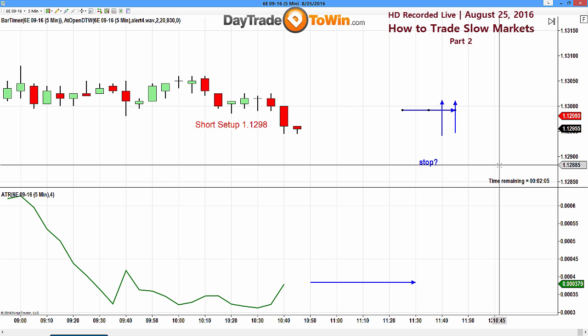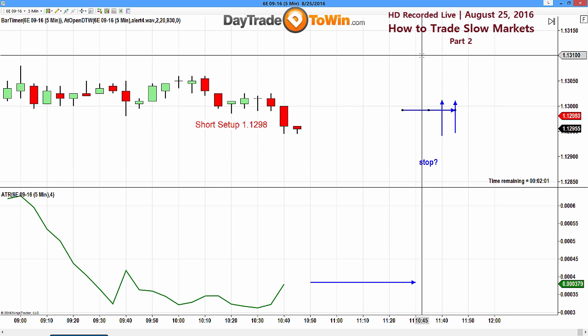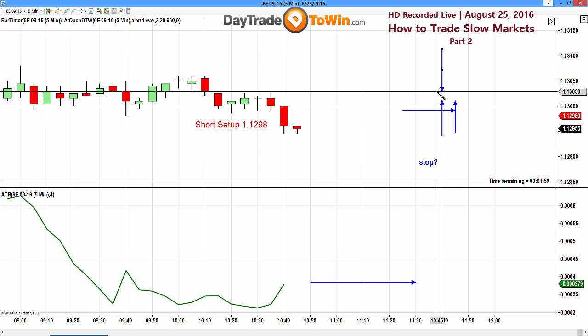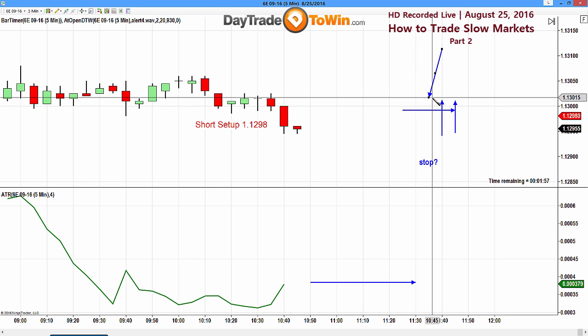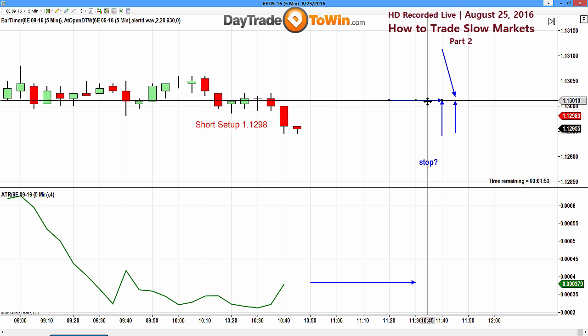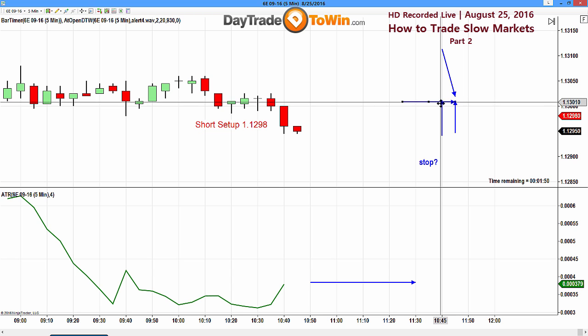So if markets love to test where they've been, it would make sense that it's going to want to test this price, whatever it happens to be, this high or this exact price. So instead of me keeping my order here, I'm going to drop it down by just 1 tick to ensure that when it does test that and it goes through it, I'm filled. So that's called front running.